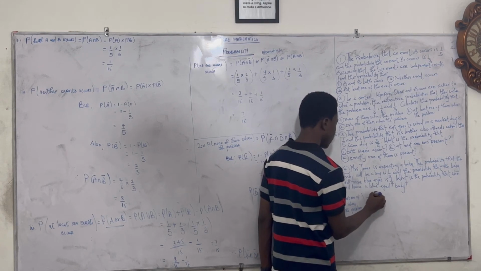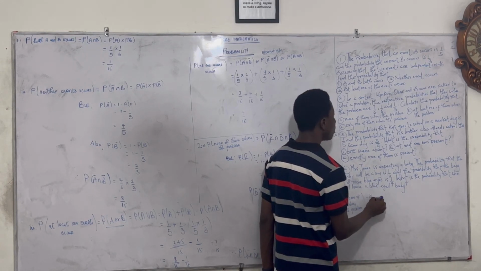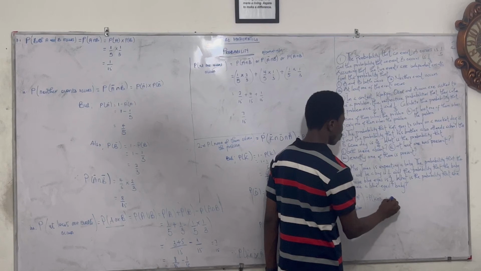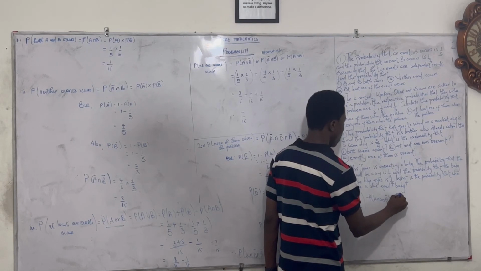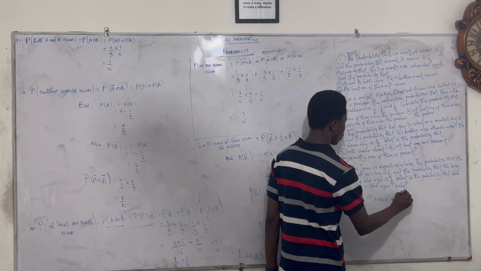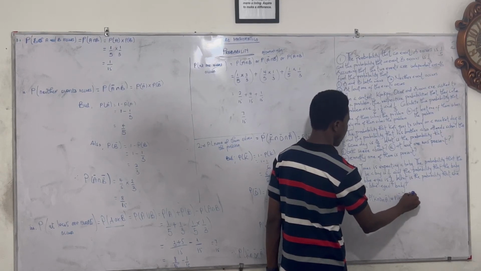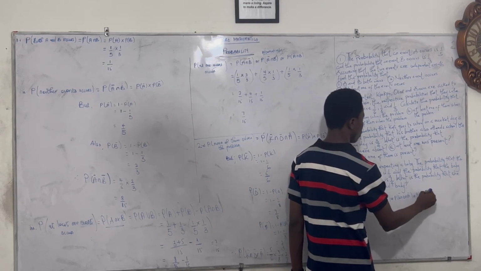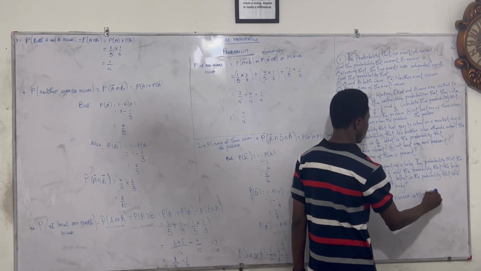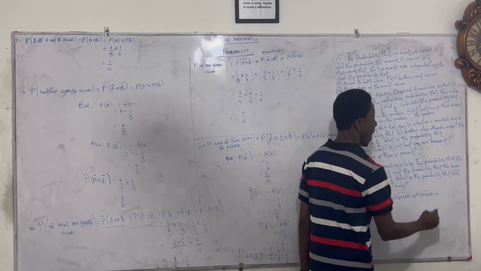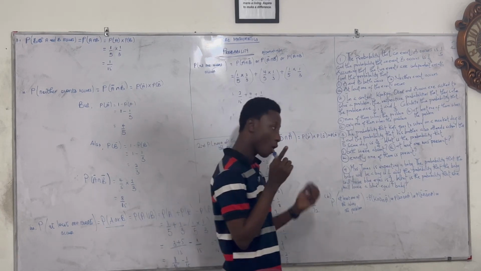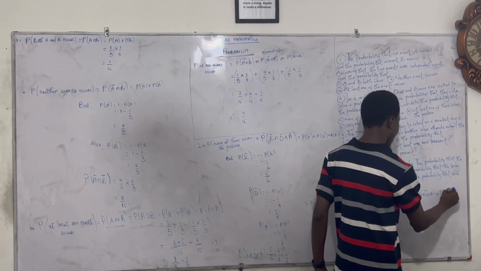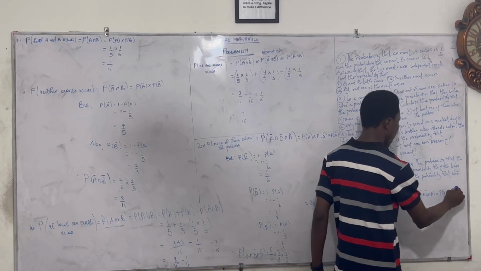The probability that Kpakpo could solve and not and not, or the probability that Kpakpo not but Osei could but Anani also couldn't, or the probability that Kpakpo not, Osei not, but Anani could, or the probability that Kpakpo and Osei could and Anani couldn't.